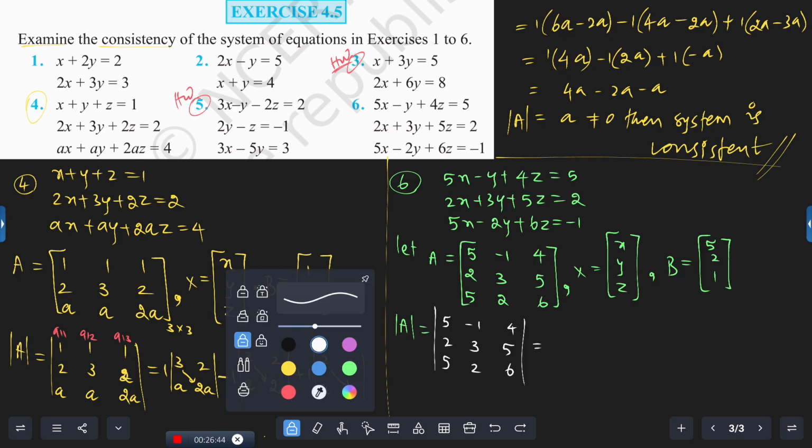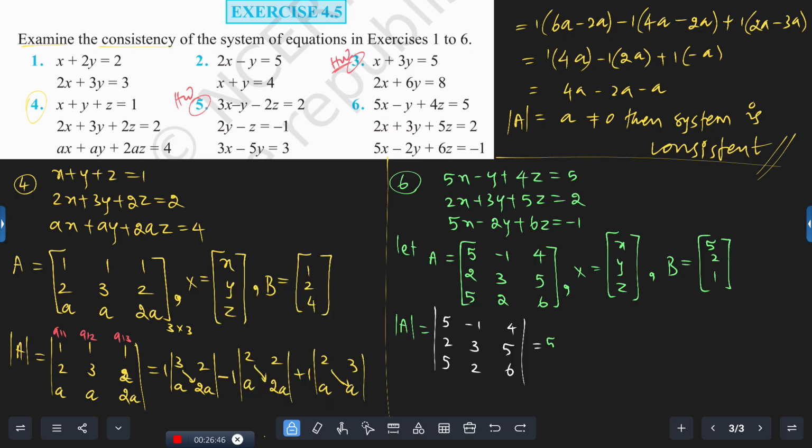So what we are getting, let's see. 5 I am taking. When we take the 5 row and column, if we strike out, 3 5 2 6 we are getting. Second number if we go, minus we have to apply. Second column, this one minus 2.